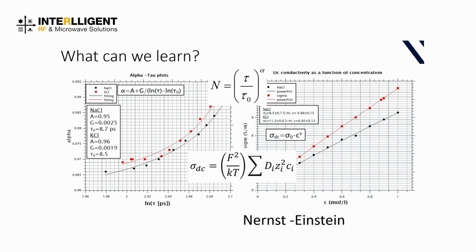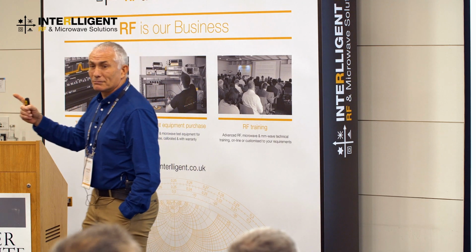Let's look at something a little bit more simple, the DC conductivity. Now, DC conductivity is plotted for you here for these two ions, and they're very, very different. You can see that the potassium is much bigger than the sodium. Same electric charge.